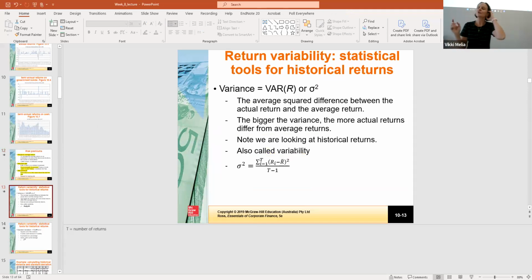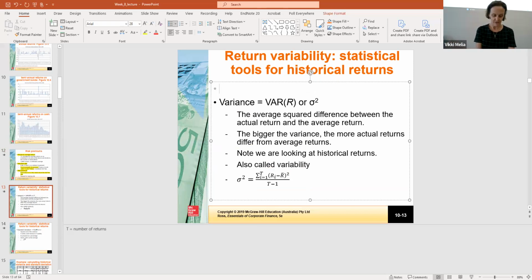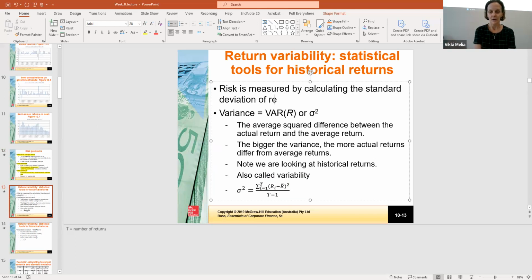So in order to measure risk, we calculate the standard deviation of returns for a risky asset. And standard deviation measures how much the actual returns vary from the average return.